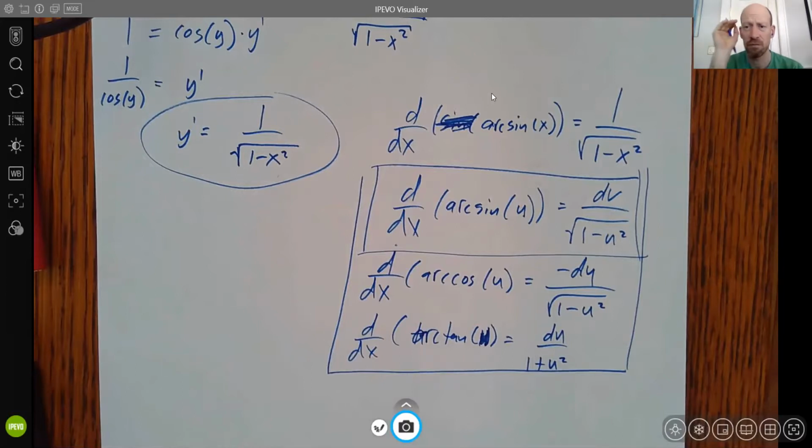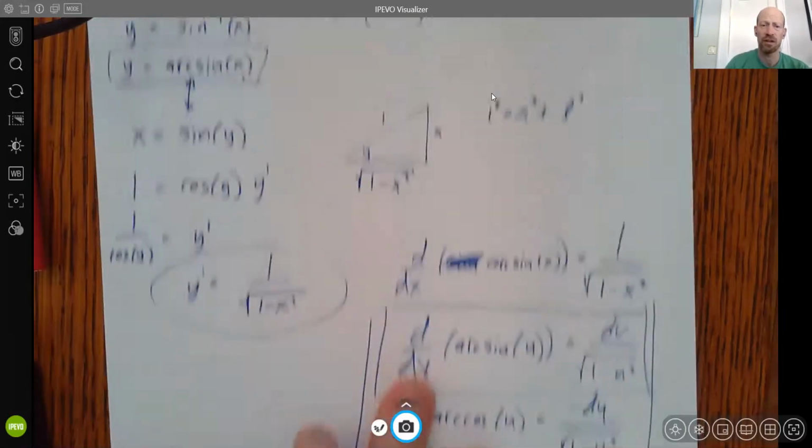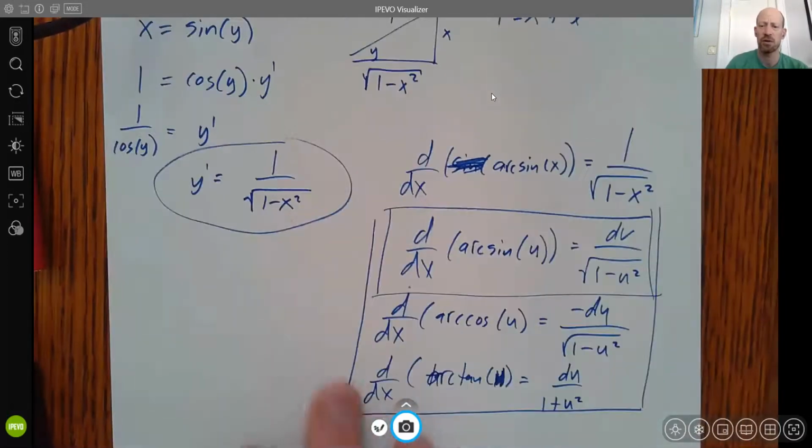But I would use them as they're written. I would not try and come up with them unless I was forced to. The real reason of working through this is just so that we don't think these formulas are magical, or coming out of thin air. They're not.